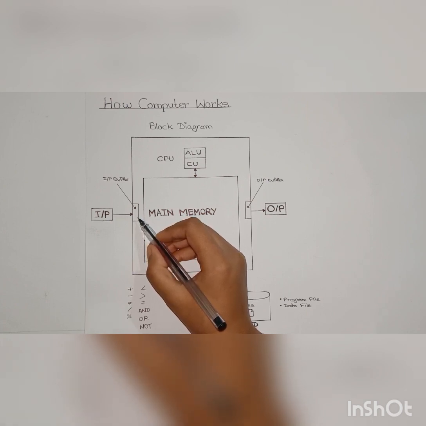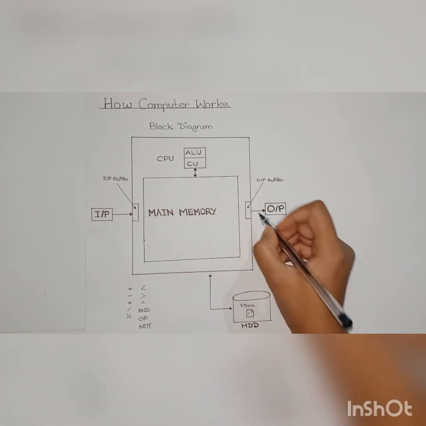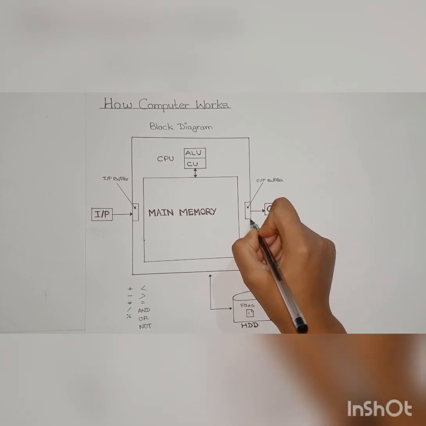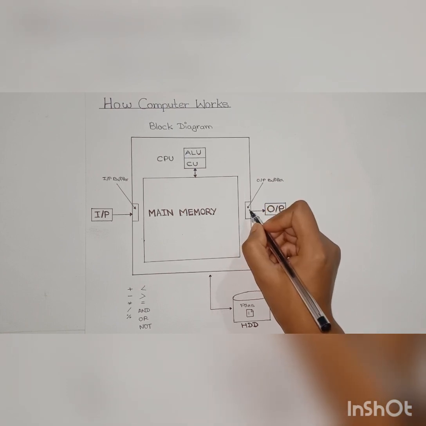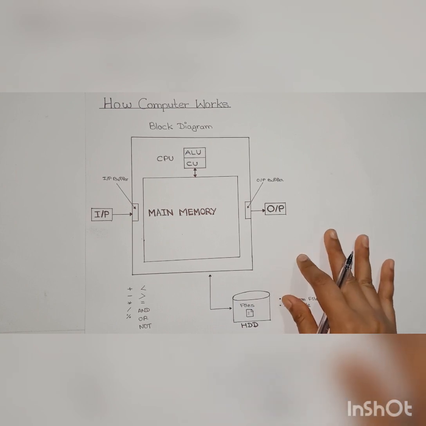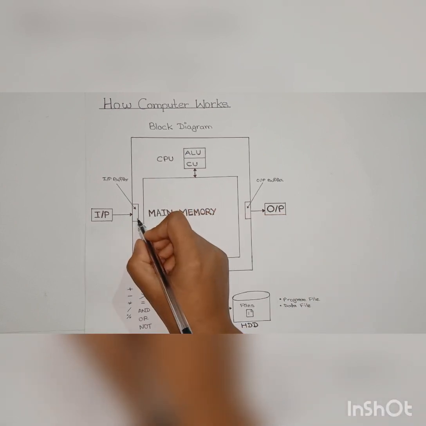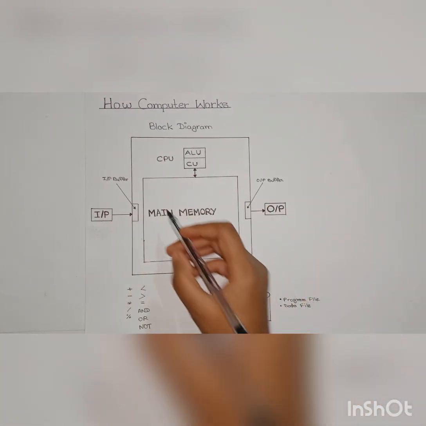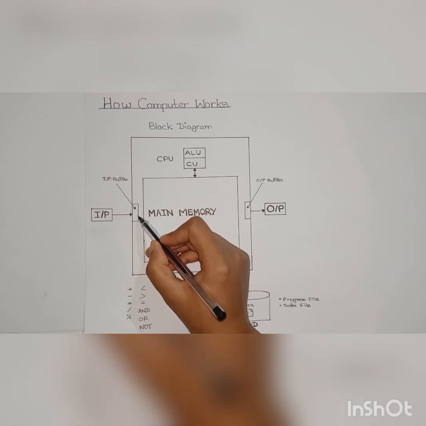And if it has to print something on the monitor, then it will go to the output buffer and get the data from there. If we type something from the keyboard, it will fall into the input buffer. It doesn't directly enter the program, and the program can read the content from the input buffer.